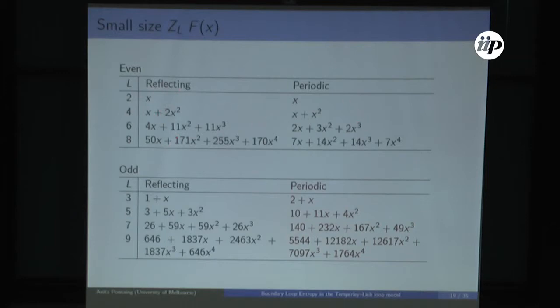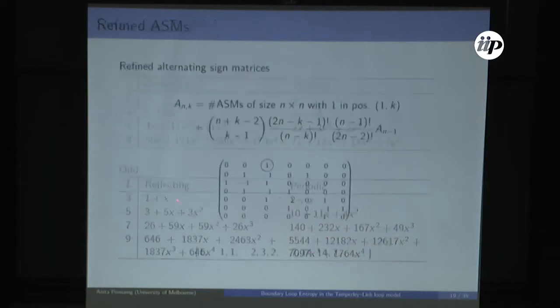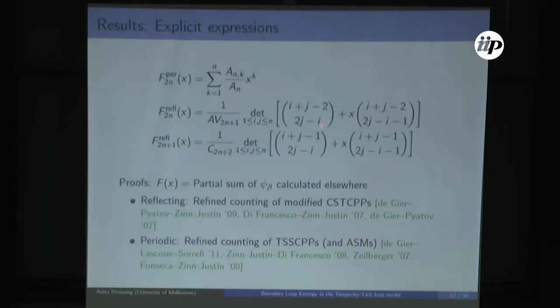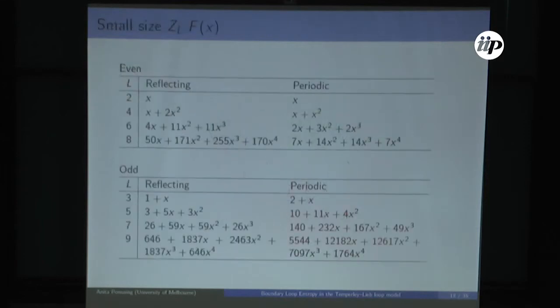Okay, so the periodic case is very nice. It's very obviously the refined alternating sign matrices. The other cases, remember these two are given by determinant formulas, but they also have a lot of combinatorics. So here we've got 1, 2, 11, 170, and 1, 3, 26, 646.